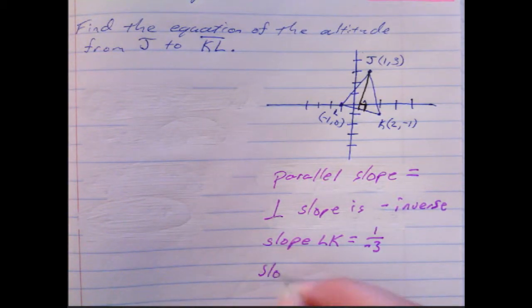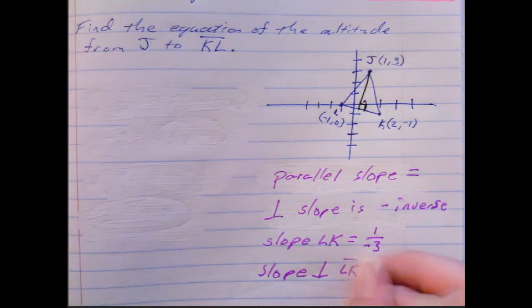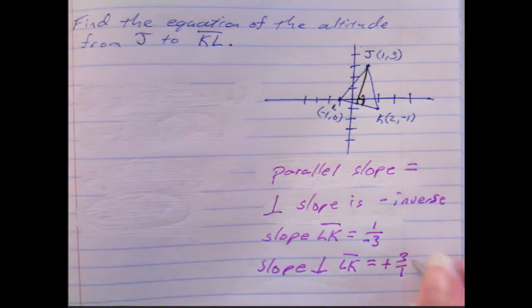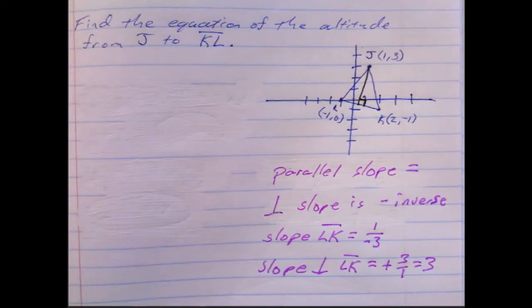So then the slope perpendicular to LK equals the negative. So what's opposite of a negative? That's going to be a positive. And then the inverse, we're going to flip it over, 3/1. So this equals 3. Alright, so that's the first thing we need.